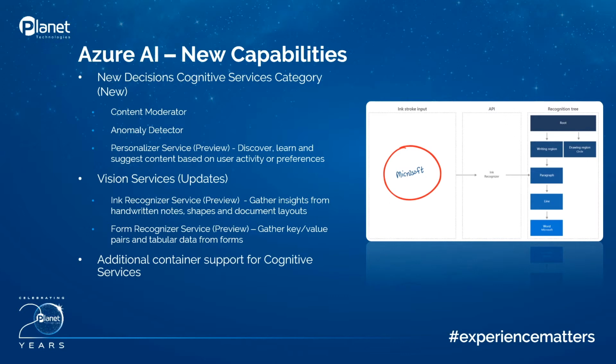And you want to be able to take the data that's in there and have the computer automatically recognize that it's a form, extract out all the key value pairs, and put them into some meaningful content that you can do further analysis on. That's exactly what this new Form Recognizer service does.